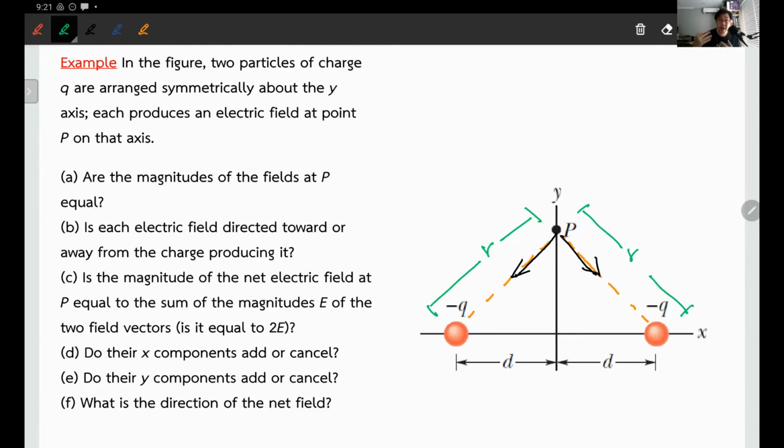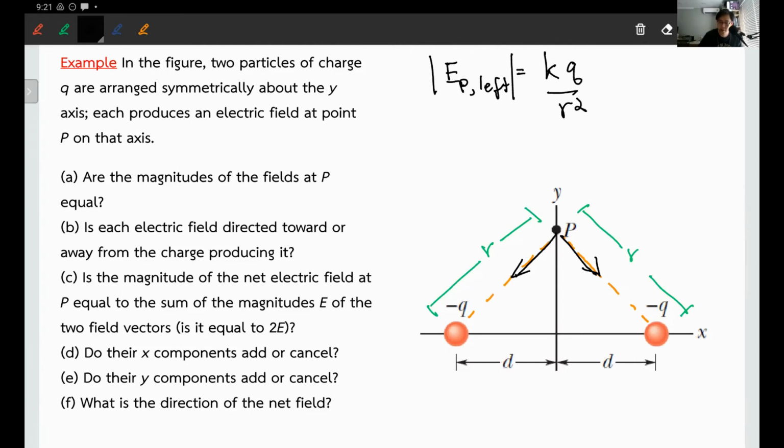So from the expression of the formula, at point P I can write it like this: the electric field at point P from the left will be just the magnitude, K, a constant, times the charge generating it, Q, divided by R squared. That is the magnitude of it. You guys with me?